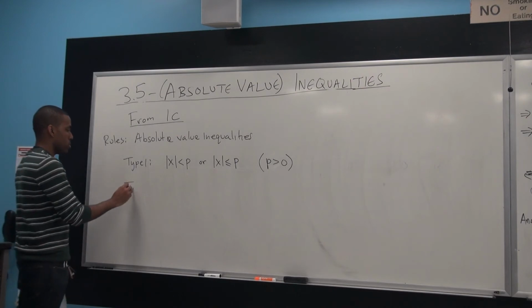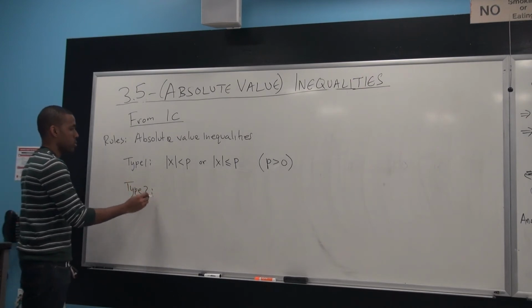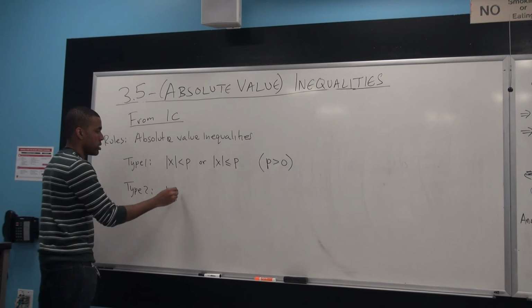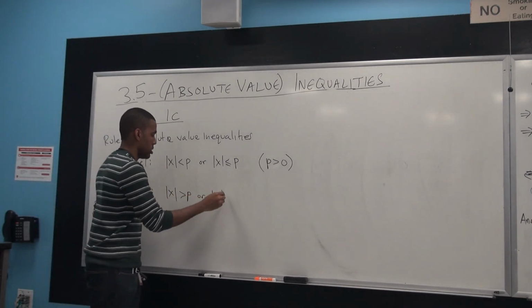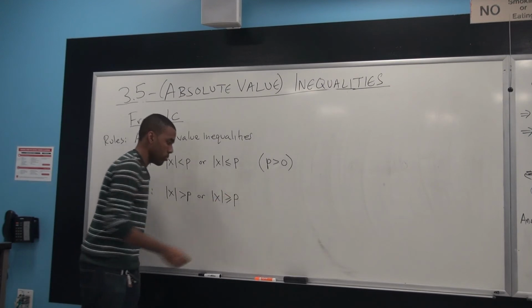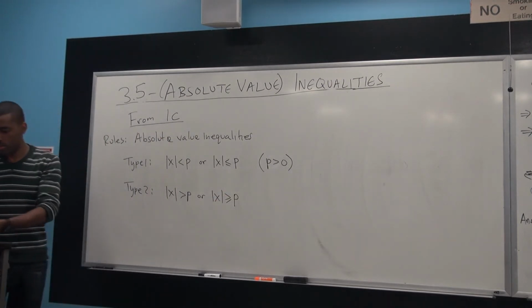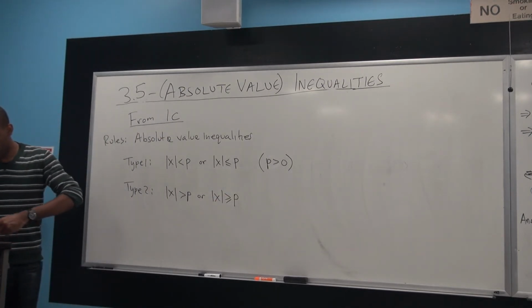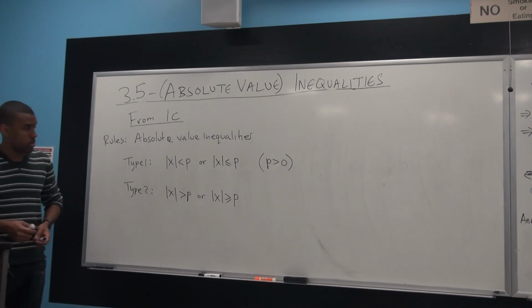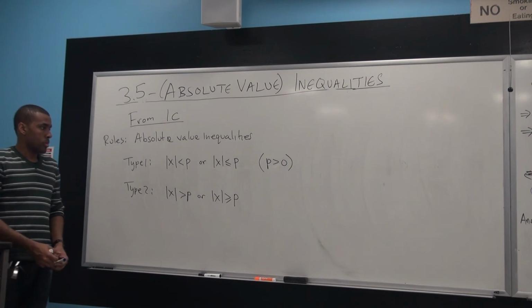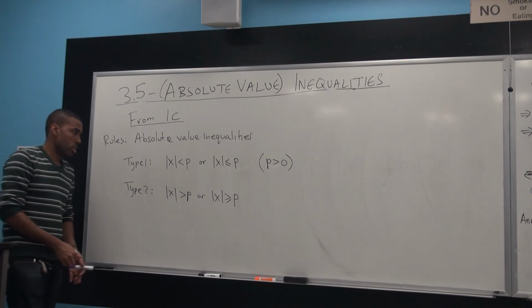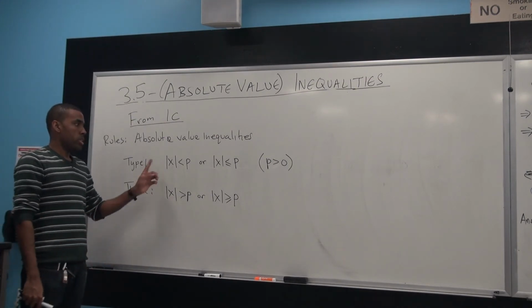There's also the type 2, where your |x| is greater than p, or |x| is greater than or equal to p. And we are going to learn how to solve this. These ones are okay.